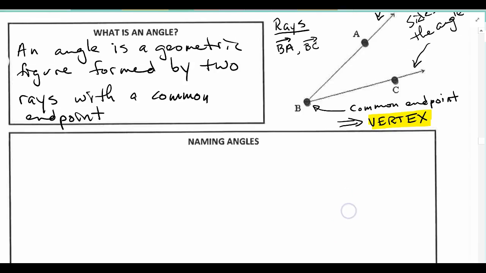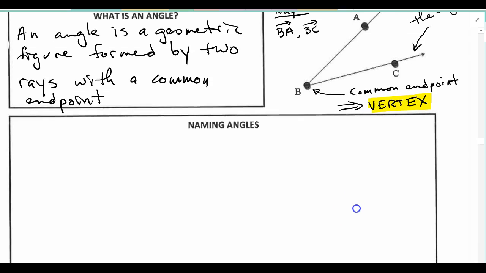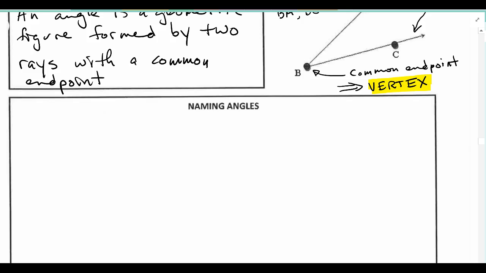Now, when we talk about naming angles, there's multiple ways to name an angle.